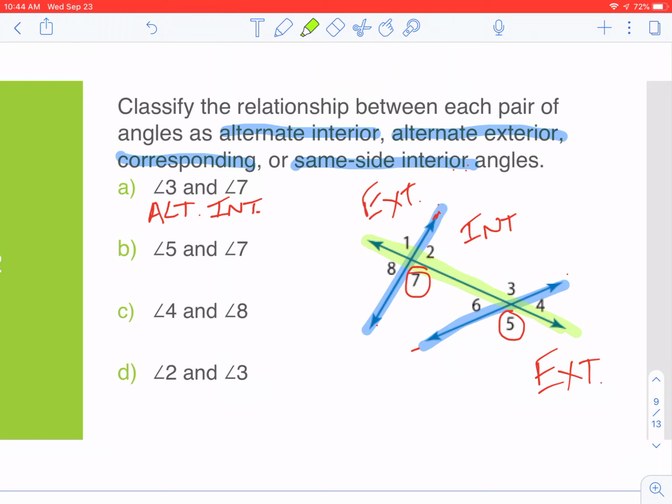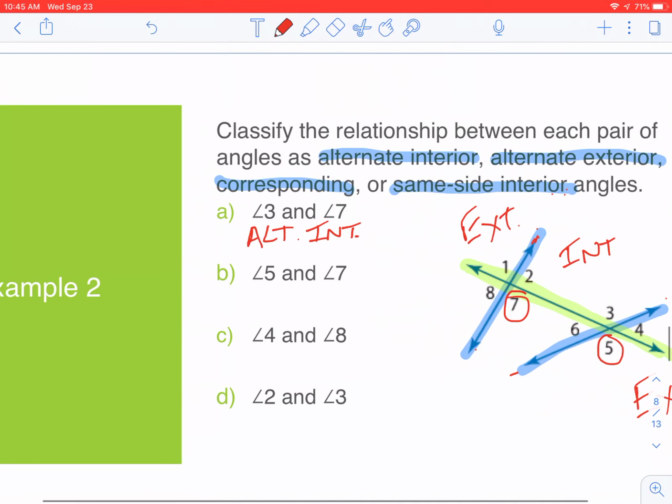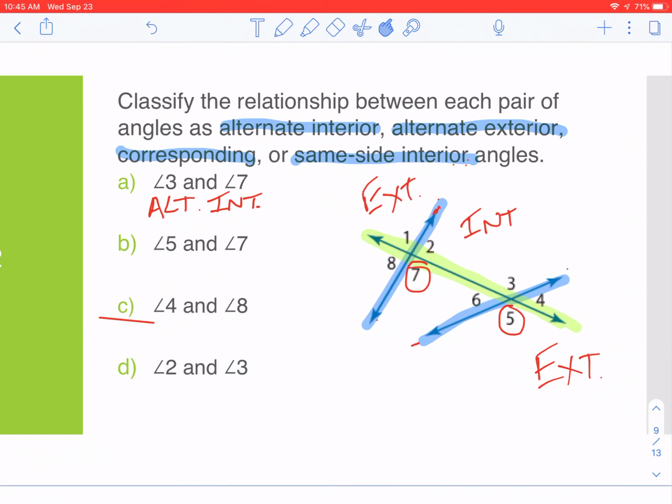So if they're on the same side of the transversal, they're either going to be same side interior, they're not going to be alternate, or they're going to be corresponding. And if they're both not on the interior, then we know that these are corresponding. And that's how I abbreviate corresponding. So I don't take points off for spelling. Okay, let's cross those off.